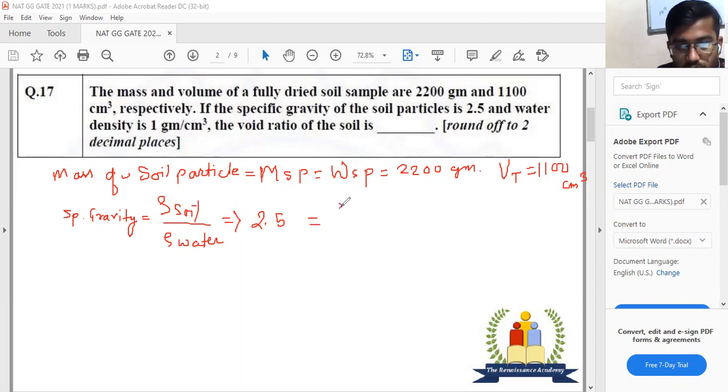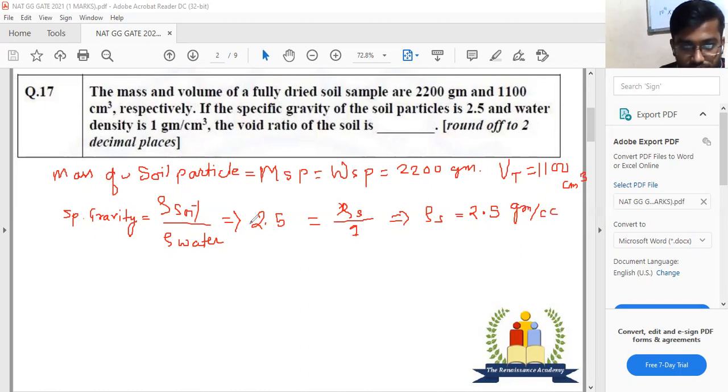We don't know density of the soil, so I'm writing rho s divided by density of the water, that is 1. Okay. So now implies that we have density of the soil, which is 2.5 gram per centimeter cube. Yeah, gram per cc.